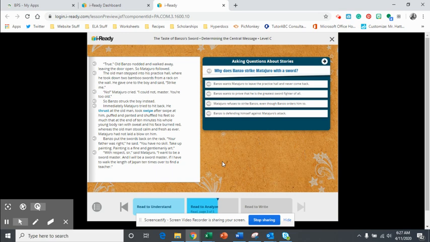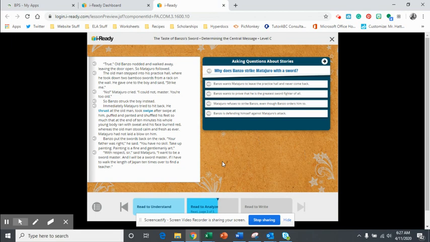In this question, why does Banzo strike Mataharu with a sword? Now, strike means to hit, right? And then it says sword. It's not really a sword, right? It's something that they're using to train with. It's a teaching tool.